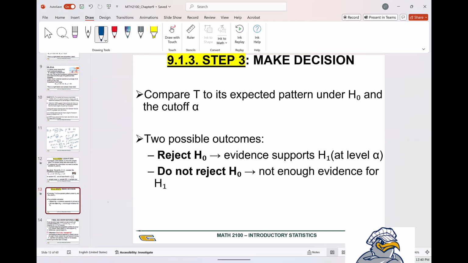There will be two possible outcomes. The first is that we reject H naught, which means we have evidence to support H A, the alternative, at level alpha. The second is do not reject H naught, which means you don't have enough evidence to support your alternative, your claim. So two possible outcomes can happen when you make a decision.